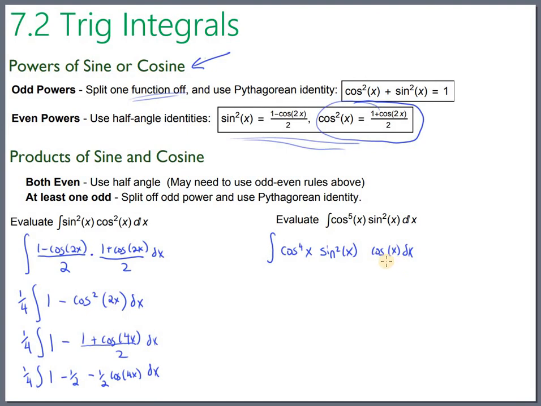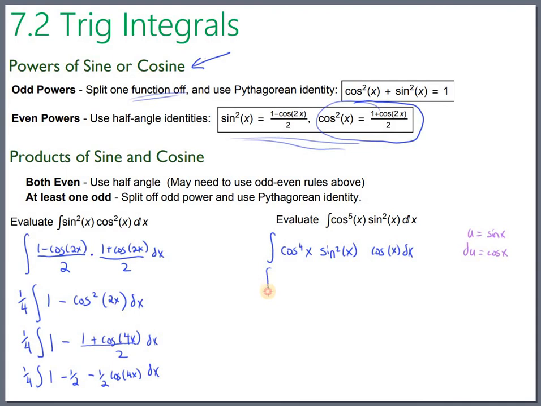This cosine of x here on the end is making me think about U substitution. Really, what's mostly making me think about it is the du. It looks like it'd be great for du to be cosine x, which means it'd be great for u to be sine x. That means I'm happy with the sines there. The cosines, though, I'd like to have that written as more sine stuff, and that's not too hard to do.